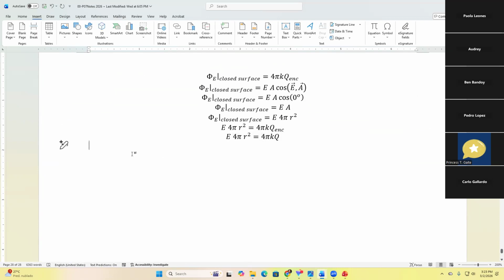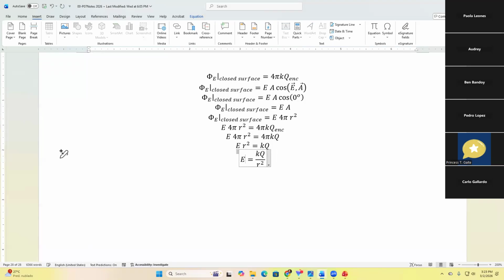And we end up with exactly Coulomb's law. And here is the expression for Coulomb's law, which was obtained using Gauss's law.